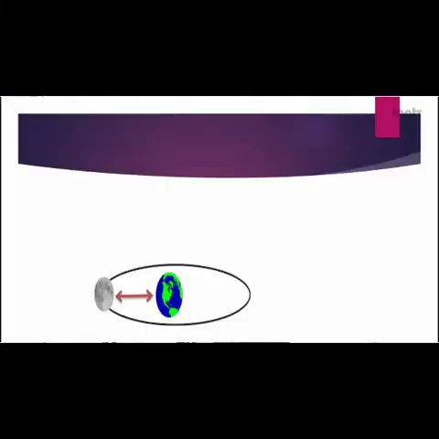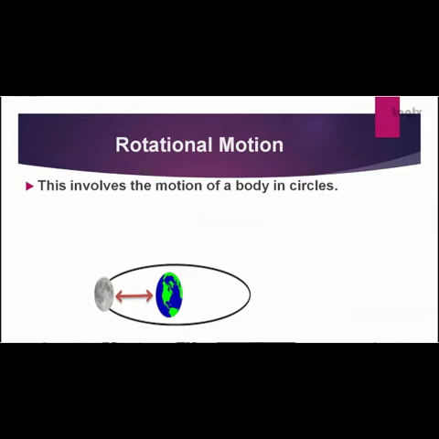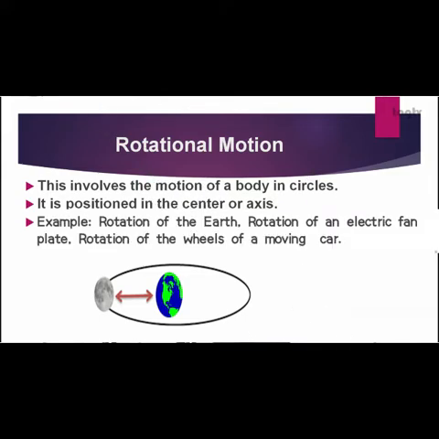That takes us down to the rotational motion. This involves the motion of a body in circles, in circular form. We must understand here that in this form of motion, it is positioned in the center or axis. Example, the rotation of the earth. You will agree with me that the rotation of the earth is in a circular form.